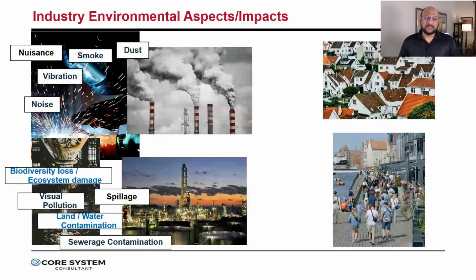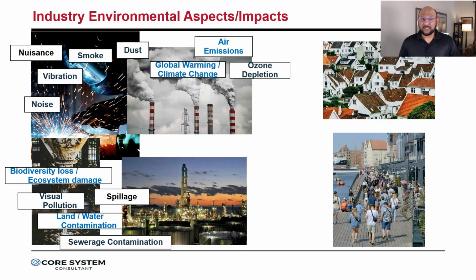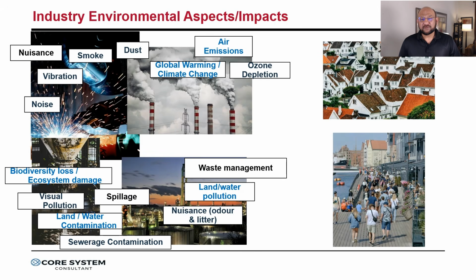That can also include biodiversity loss or ecosystem damage, which concerns all the species on this planet, whose existence is vital for maintaining the balance of the environment on the planet. And then there are land and water contamination, air emissions, global warming, climate change. You must have heard a number of these terms as well. The ozone depletion, and then waste management, land and water pollution, and so on and so forth.